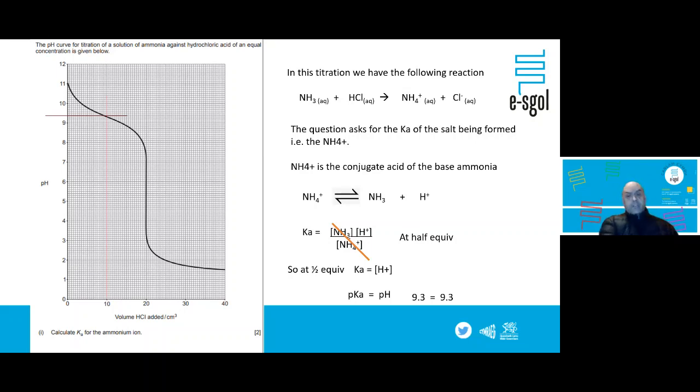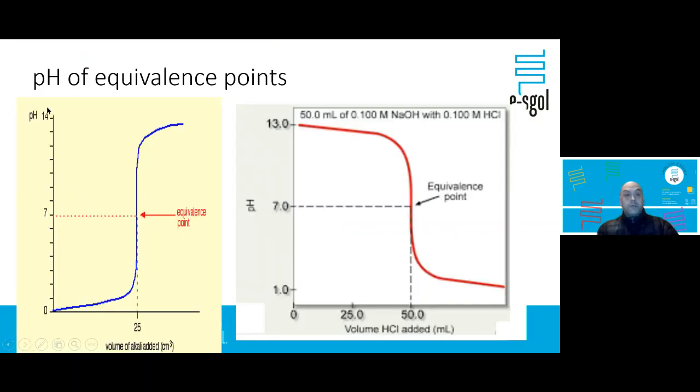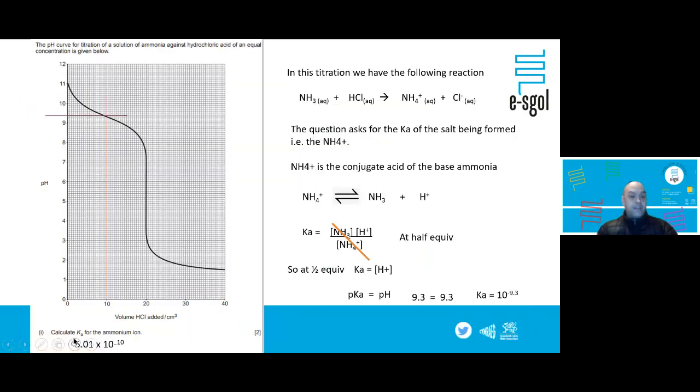So my pH is 9.3, so my pKa is 9.3, and then using that expression, which is the inverse log of minus 9.3, that gives me my Ka value, which you'll have to do on your calculator. Oh yeah, there's the answer: 5.01 times 10 to the minus 10.